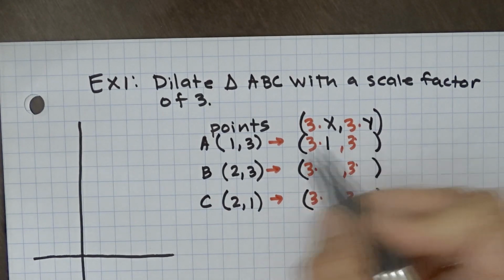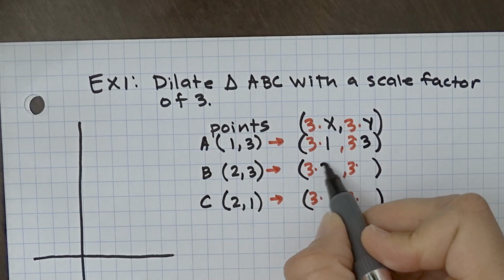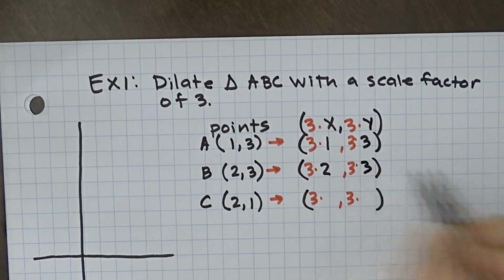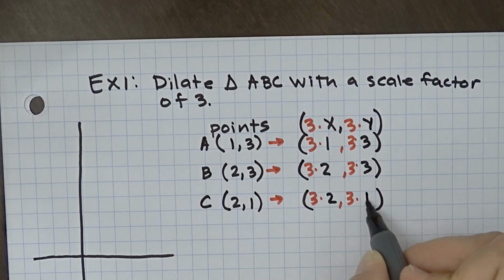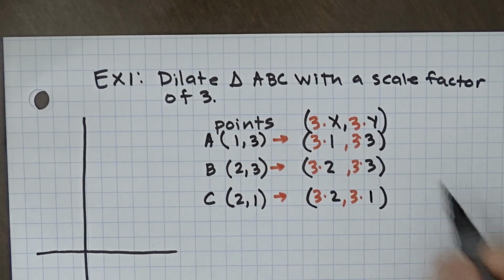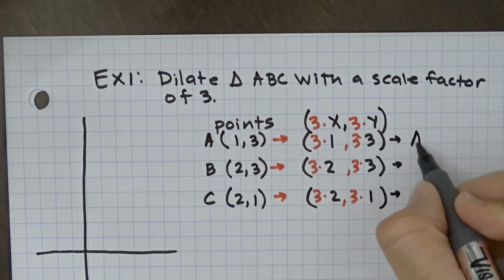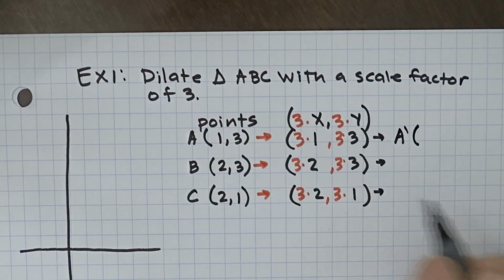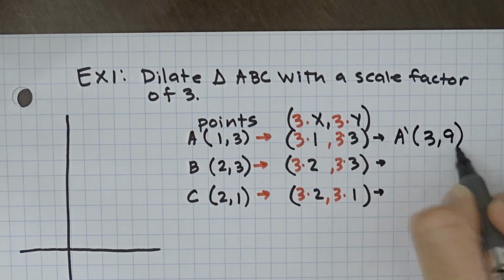And now you just got to put in your coordinates. So 3 times 1 and 3 times 3. 3 times 2 and 3 times 3. 3 times 2 and 3 times 1. And now you get your new image. A prime is going to be 3, 9.